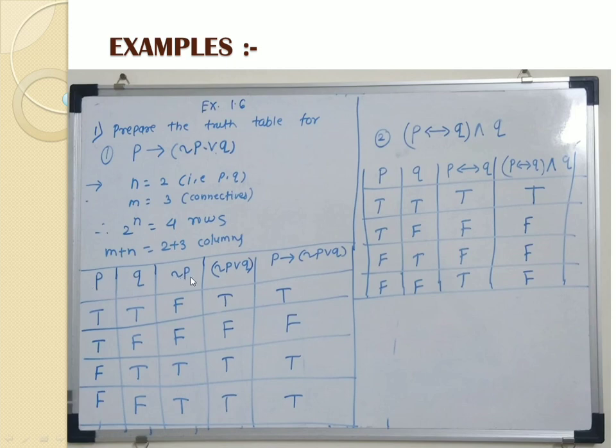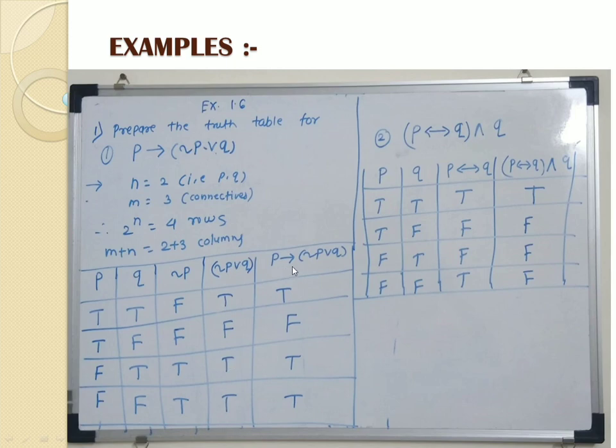Now negation of P means opposite of P, so F F T T. Now first we solve the bracket, that is negation of P disjunction Q. The property of disjunction is: if both the statements are false then write F, otherwise T. So compare the third column, negation P, and Q. Only where both are false, write F, otherwise T, T, T.